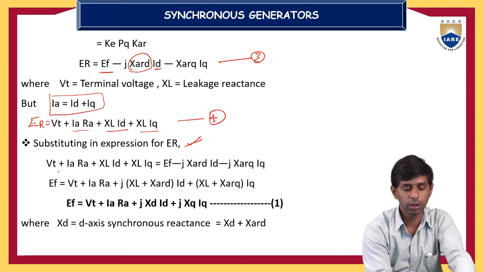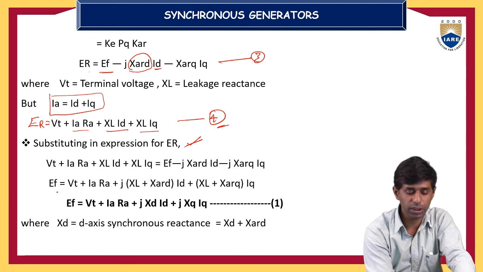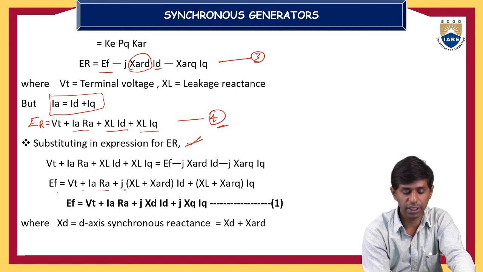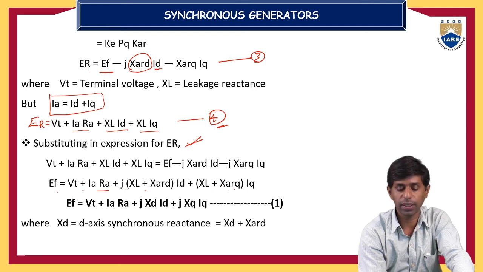You will get ER of equation number 4 and equation number 3, and write down the expression for excitation EMF, which is equal to VT plus IA RA plus j times XL plus XARD into ID plus j times XL plus XARQ into IQ.